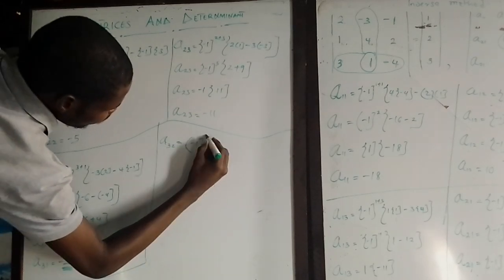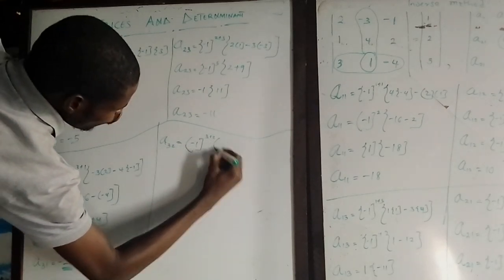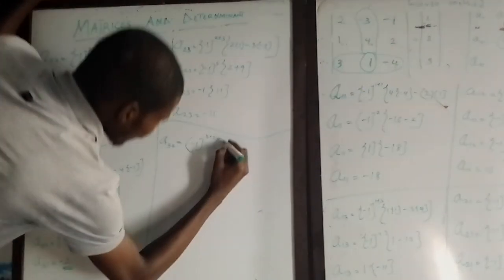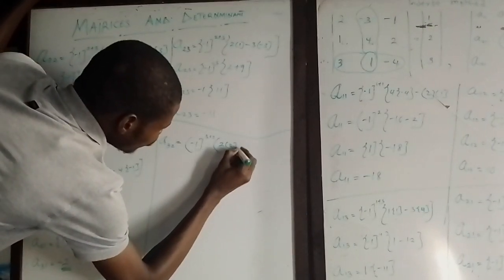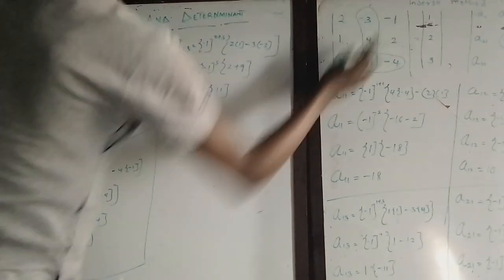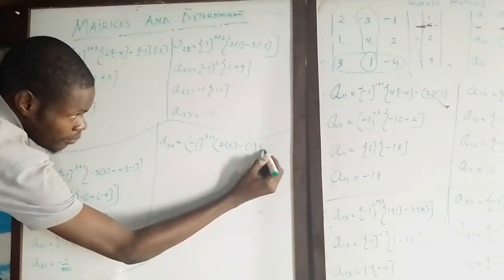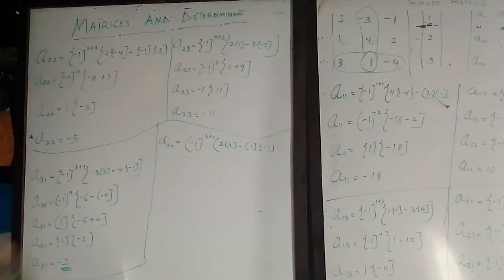Constant. 3 plus 2, open bracket. You have 2 times 2 is what? 4. 2 times 2 minus 1 times minus 1. Sorry, 1 times minus 1. Do you understand? 1 times minus 1.